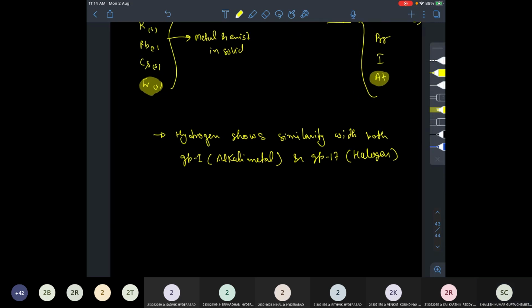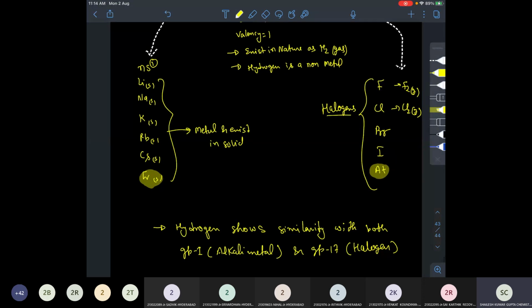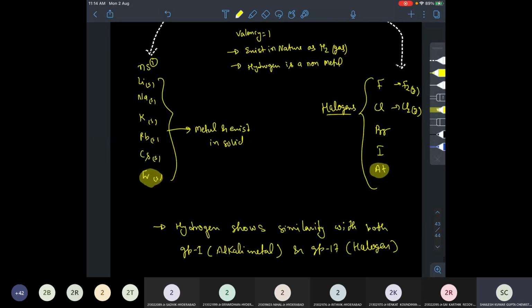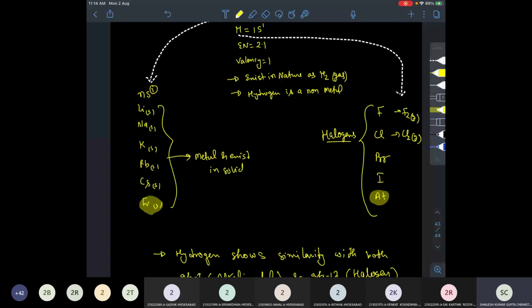What are the similarities? You can understand now that just like the halogens, it has a diatomic form and gaseous existence, non-metallic nature, high electronegativity, and with the alkali metals it is just the outermost configuration.